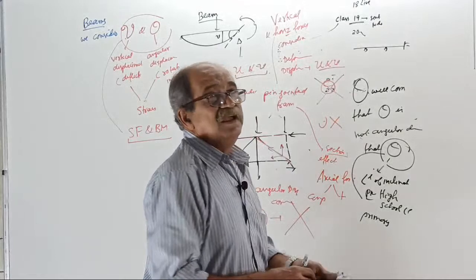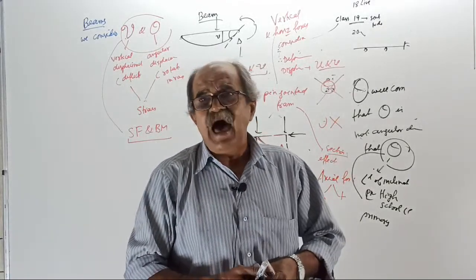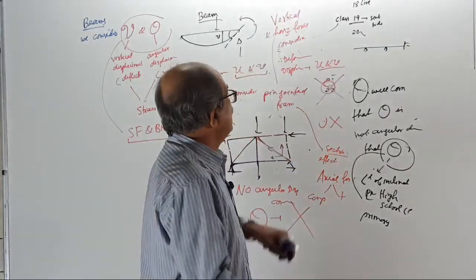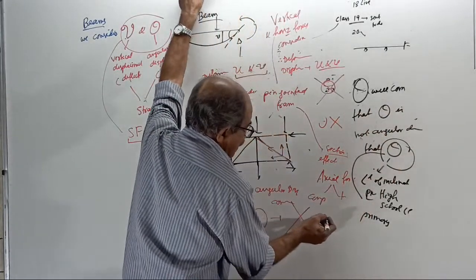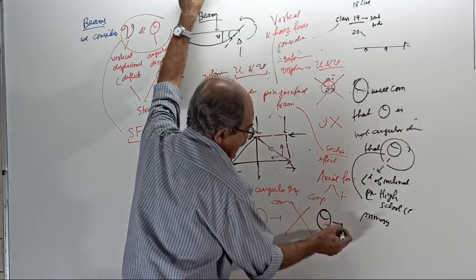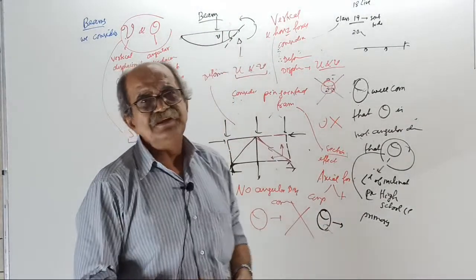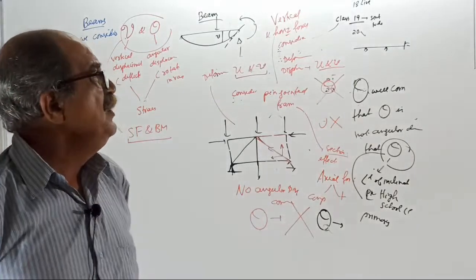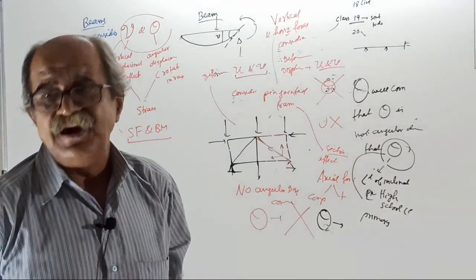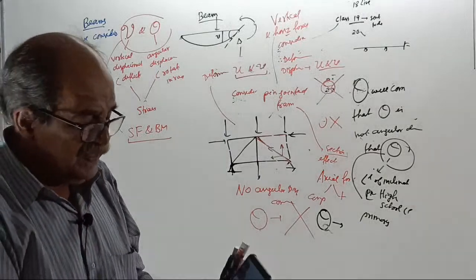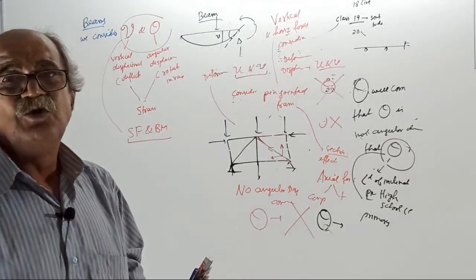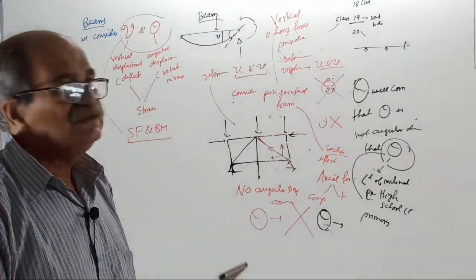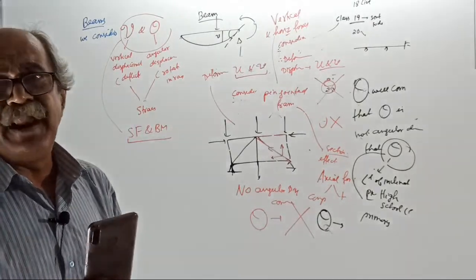And when theta is angular displacement, it should be in radians. But this theta in our class, you can take in what? There is no need of radians. In the truss problem, when you are not bothered about angular displacement, that theta can be in the high school angle. How do high school people define angle?